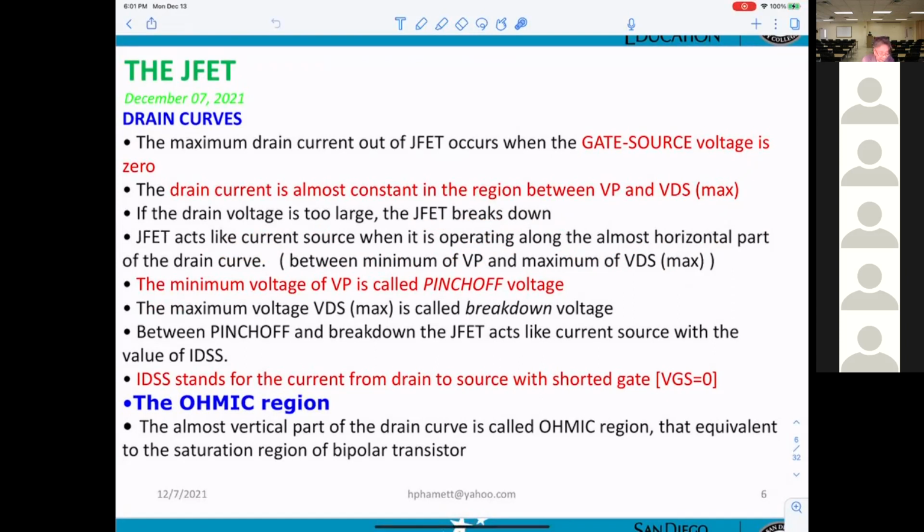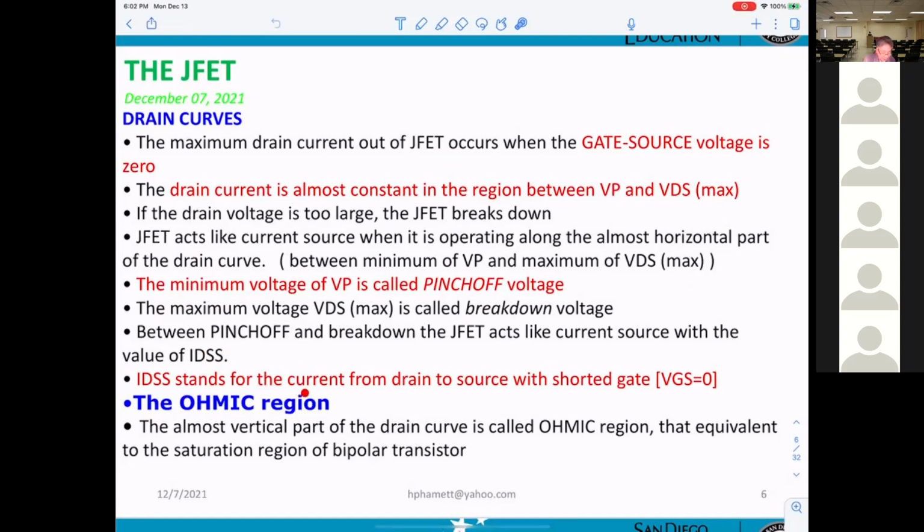The minimum voltage VP equals the pinch-off voltage. That's what you need to memorize. Otherwise, when we're talking about VP, you won't know what that means. The maximum voltage VDS max equals the breakdown voltage. Between pinch-off and breakdown, the JFET acts like a current source with the value of IDSS.